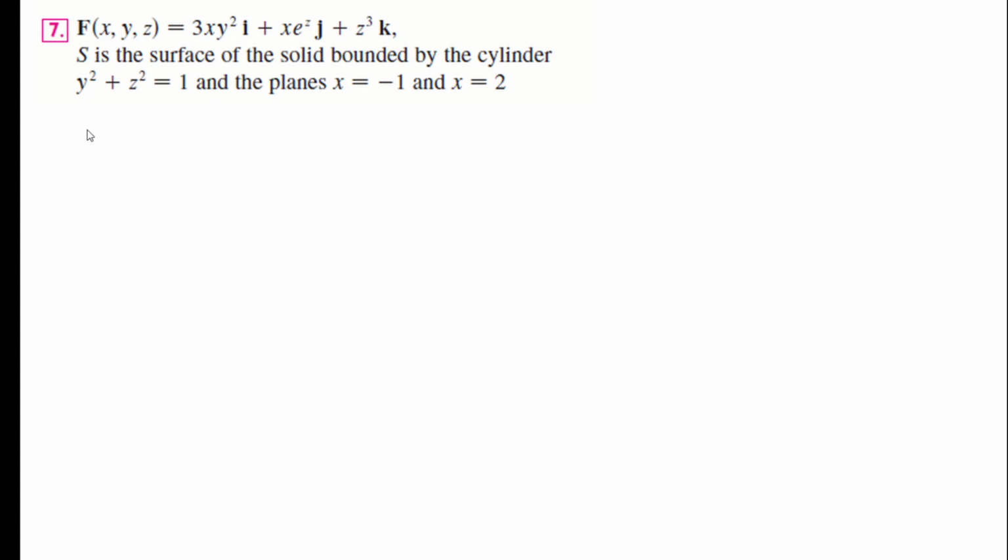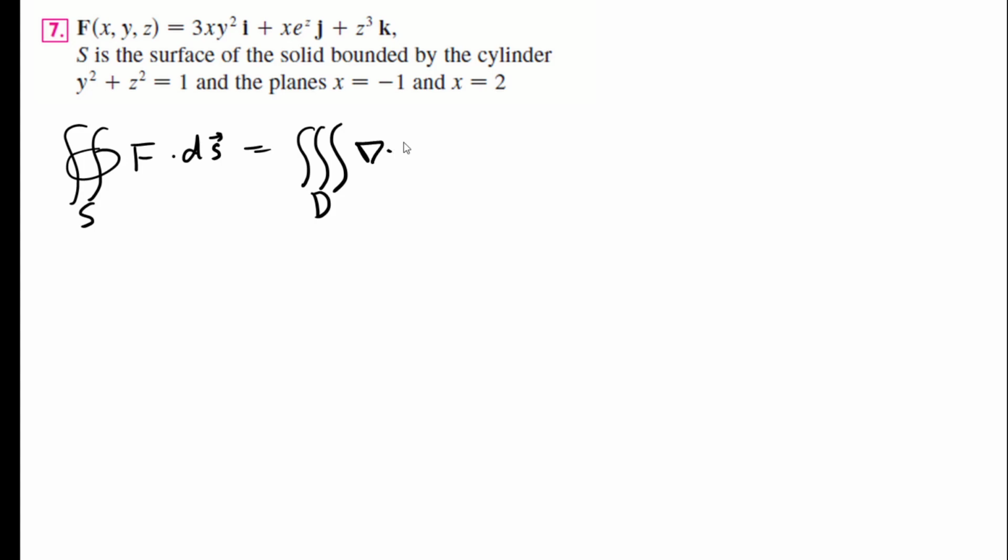So again, just like before, it's asking for the flux integral. It's asking for the integral over the surface of F dot dS. I don't want to parameterize that surface, so instead I'm going to use the divergence theorem to integrate over that cylinder of the divergence dV.